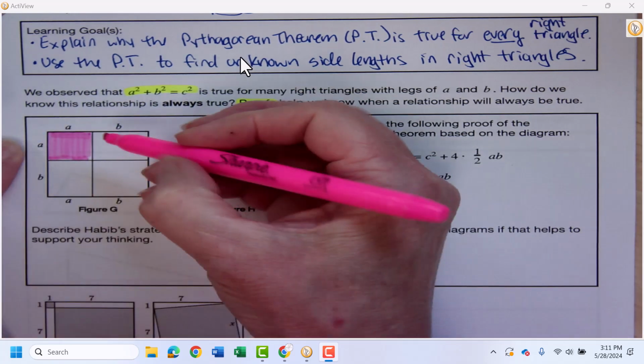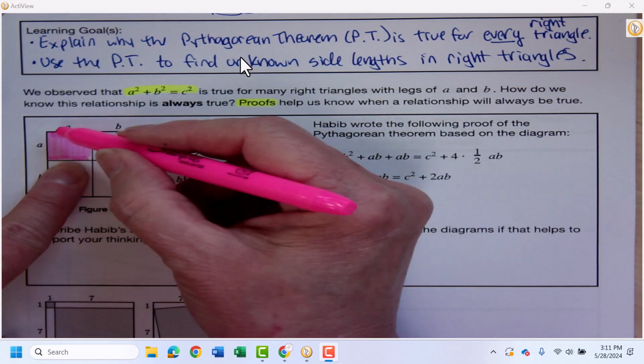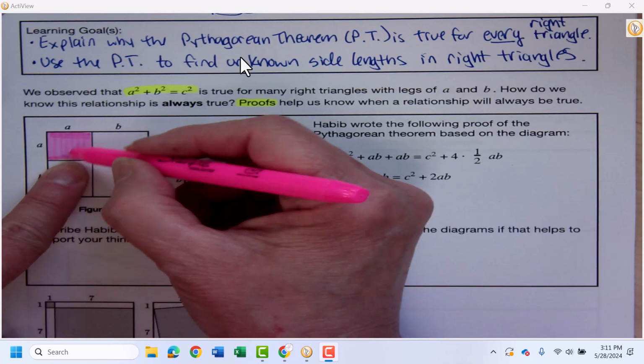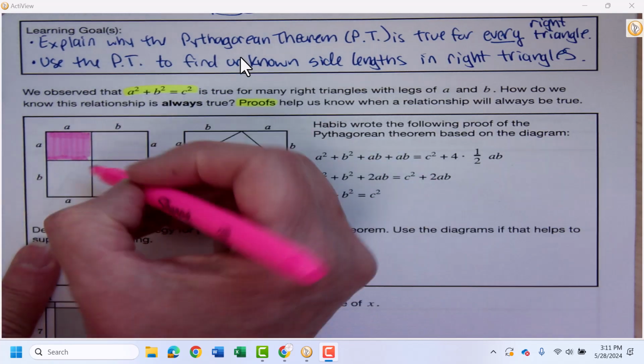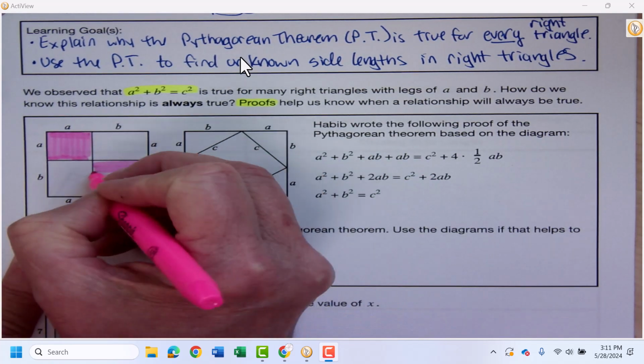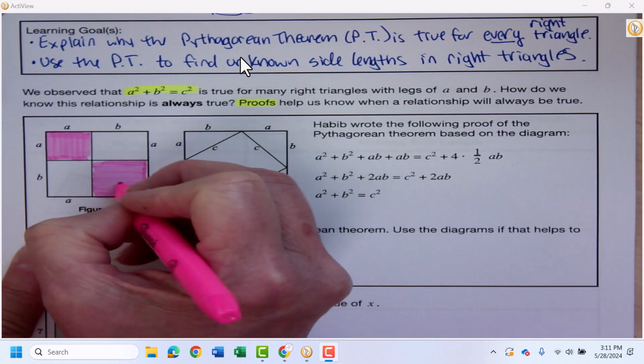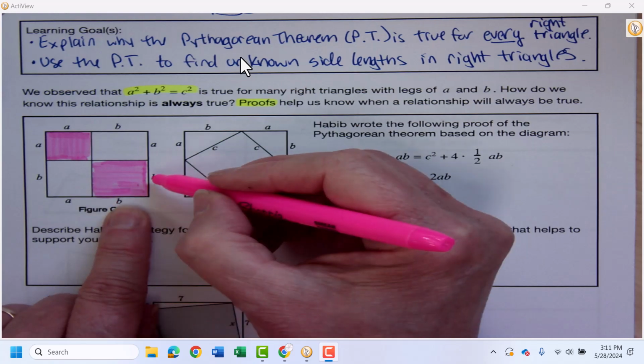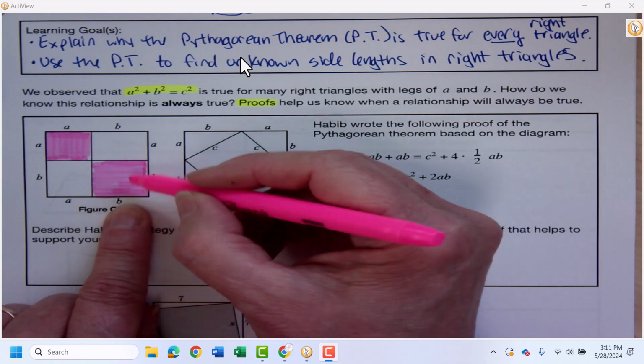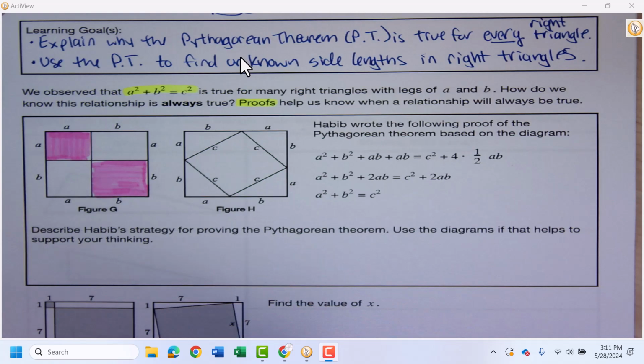For example, this pink piece is a square with sides of A and A. So the area of this piece is A squared. This pink part is B times B. So the area of this is going to be B squared.